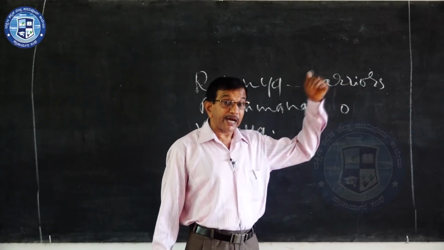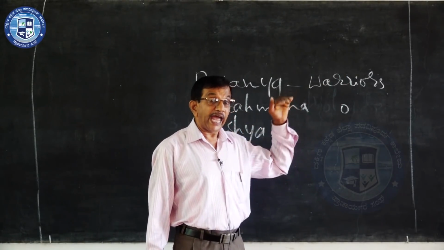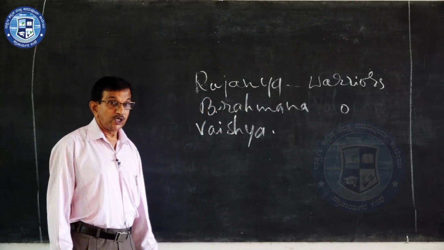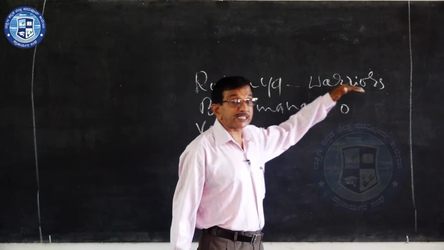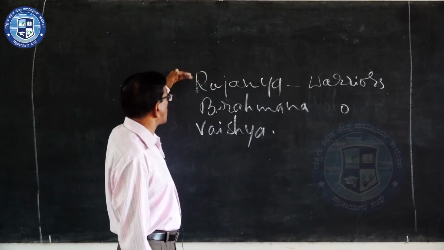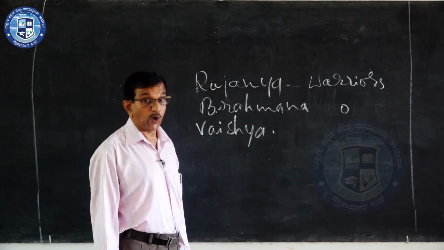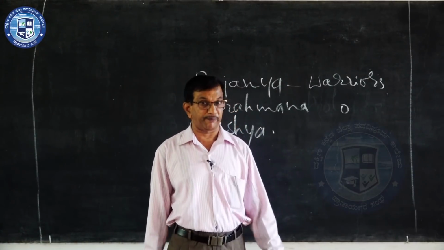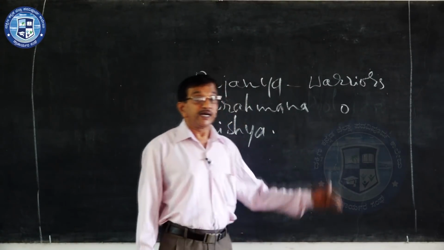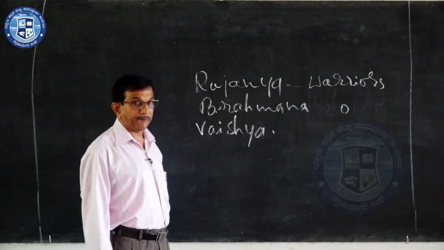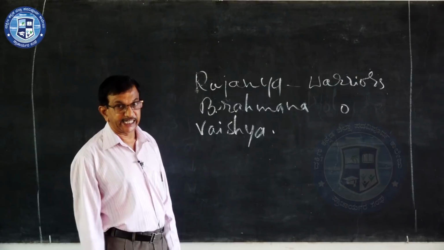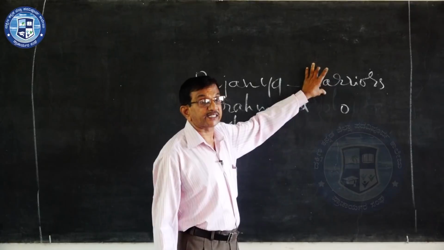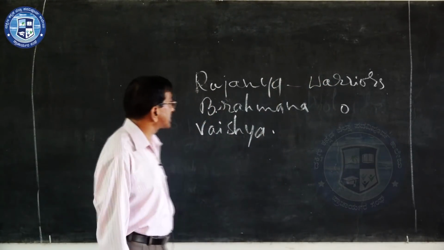Some other people may come and attack, or others may acquire. So to protect from such danger, there must be a group, called Rajanya, warriors who are ready to fight at any time and provide security to the people. Their duty is to protect the people, the country, the provinces, and the things.